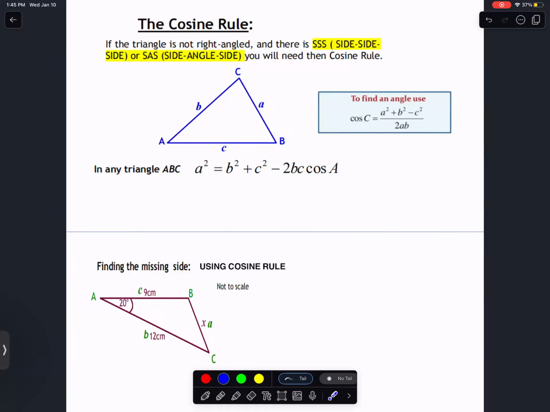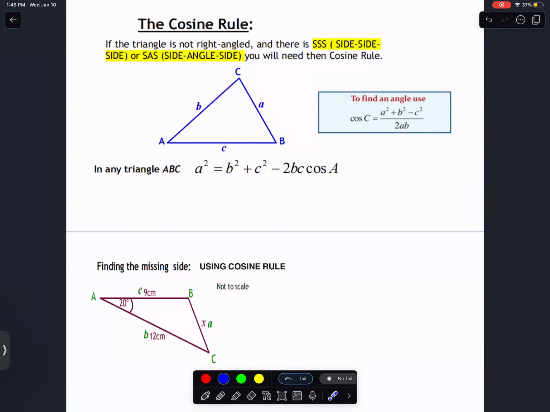And it's also applicable if you have three sides given. You have side, side, and side given, or you have two sides of the triangle given and one angle given. It can be this angle, it can be this angle. So this is when you apply your cosine rule.